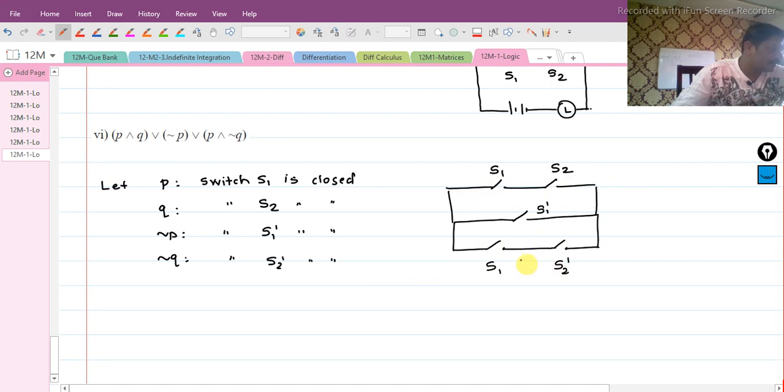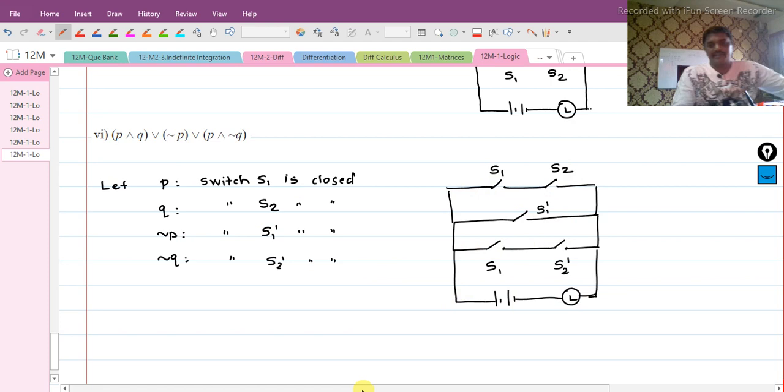And this is all put here across the battery and the power light. Check if it is clear to you all.